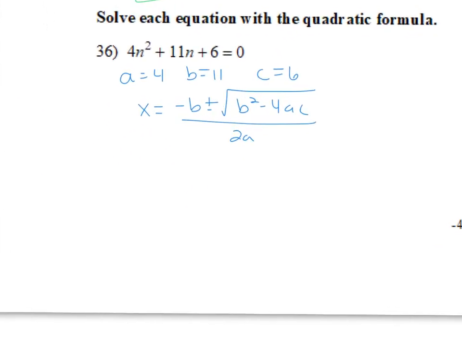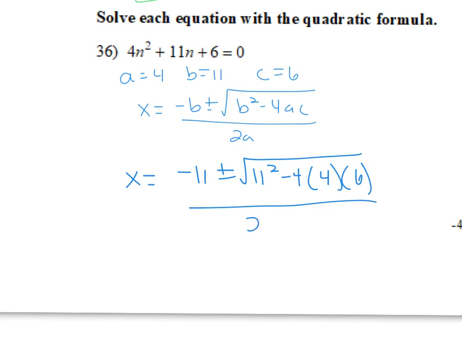So using that, let's go ahead and put in, we've got negative b, so it'd be negative 11 plus or minus the square root of 11 squared minus 4 times a times c all over 2a. All right, so let's type inside my square root there first. So 11 squared minus 4 times 6, and I end up with 25. So negative 11 plus or minus the square root of 25 over 8.